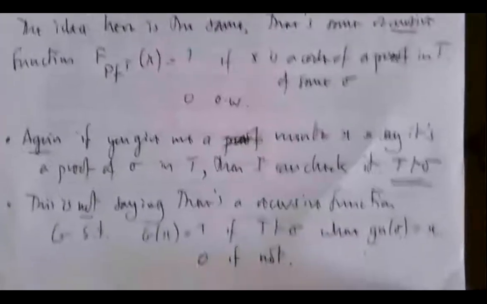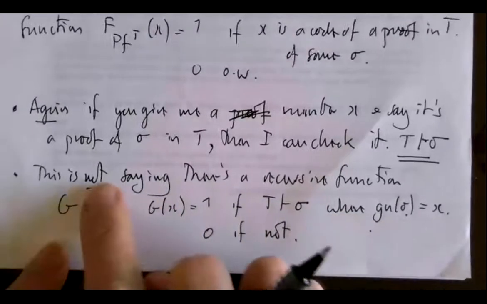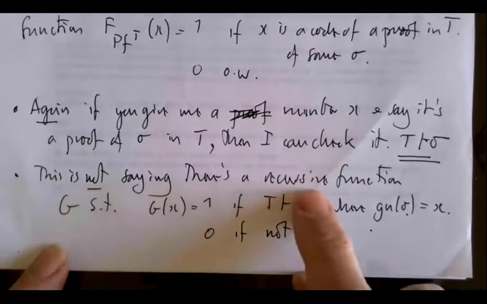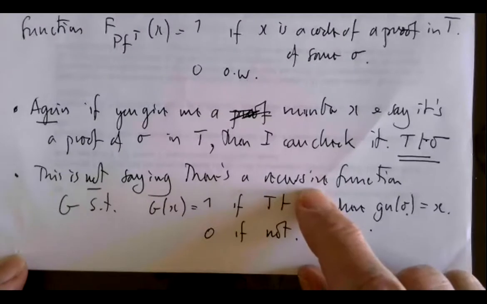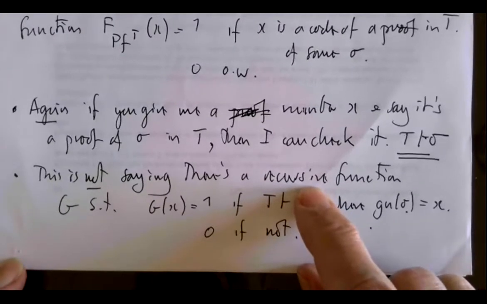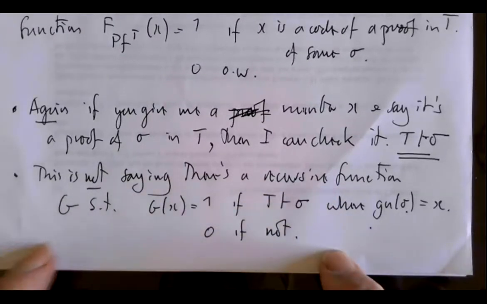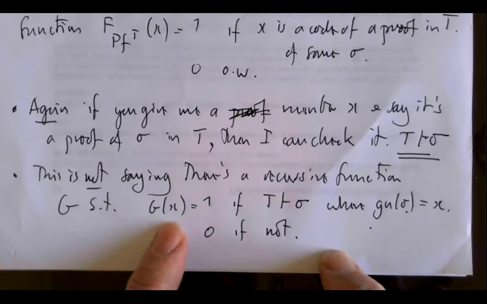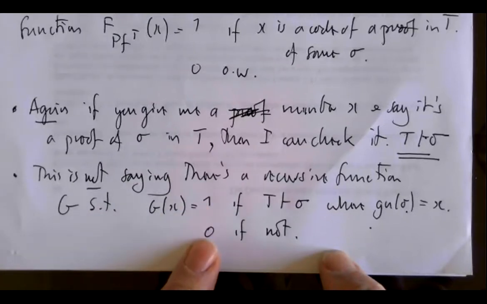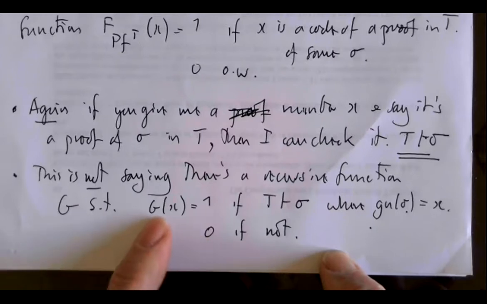And again, the emphasis I was saying before: this is not saying that we've got a computable, or as I'm going to call them, recursive function that will return a 1 or a 0 for whether there's a proof.